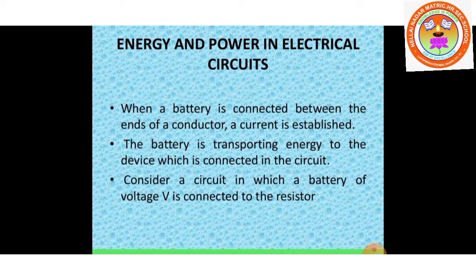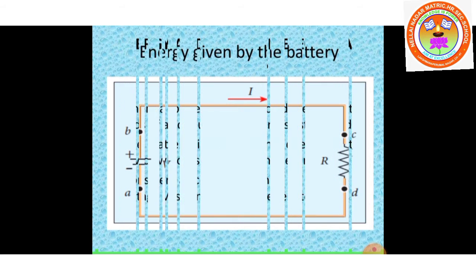Here consider a circuit in which a battery of voltage V is connected to a resistor.